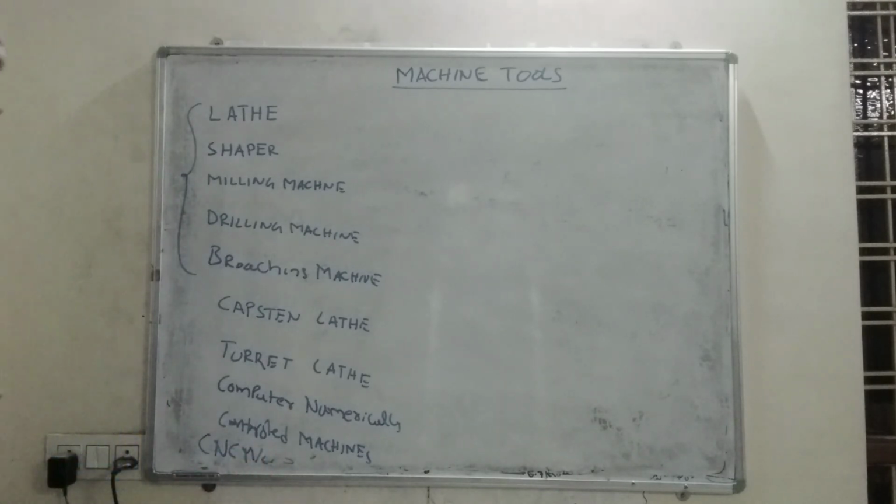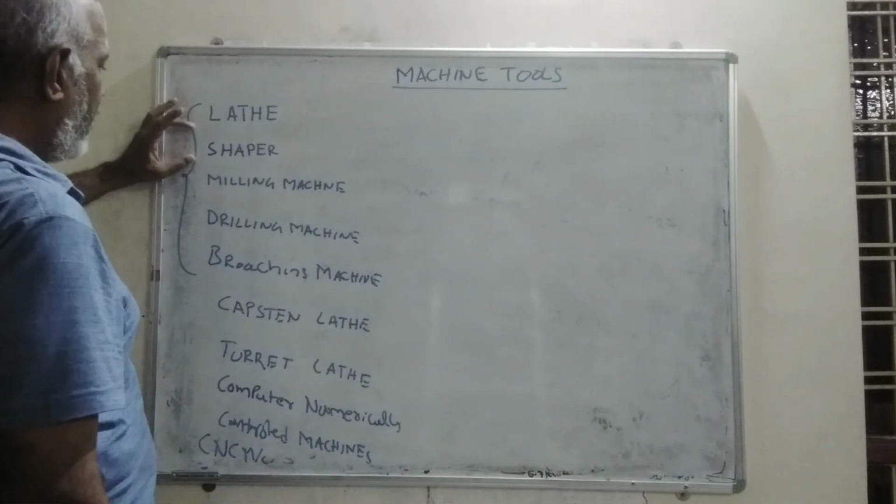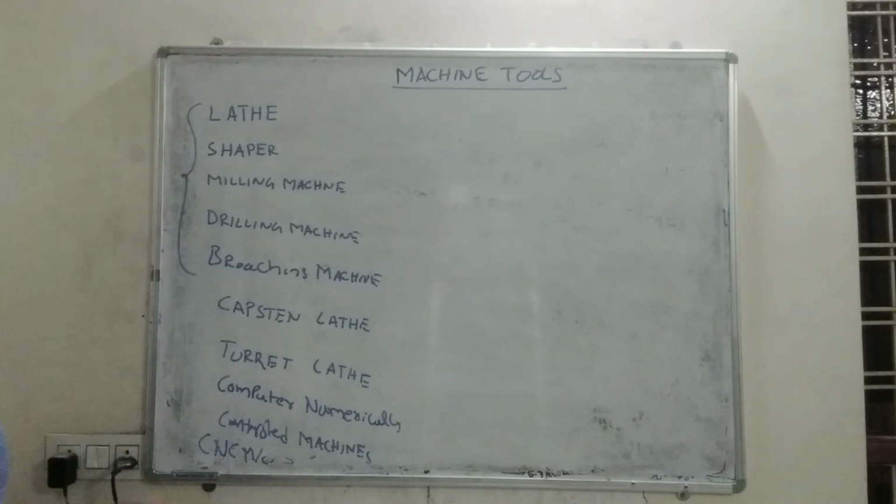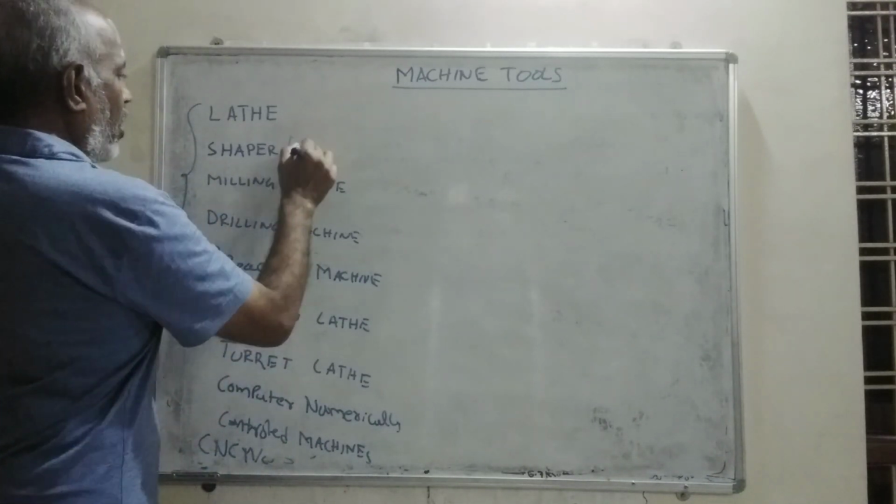And the CNC machines can be of lathe, shaper, milling machine, drilling machine, or any other simple machines. And here we also have slotter.